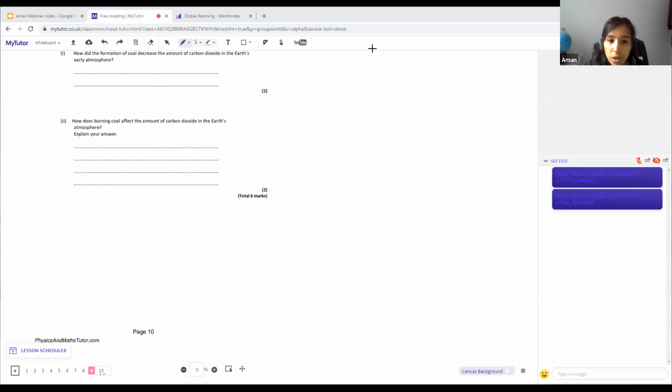So I've got lots of answers coming through. Great. So a model answer to this question would be that it actually increases the amount of carbon dioxide being released because trapped carbon dioxide is released from the coal. Yep. Good. So when we burn coal, carbon dioxide is released. So the fossil fuel reacts with oxygen to produce carbon dioxide. So that trapped carbon dioxide is released. Well done. Good.